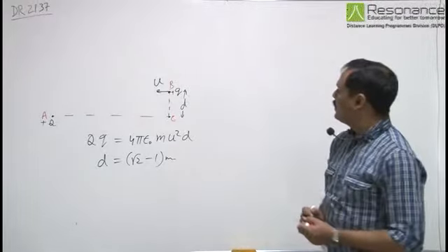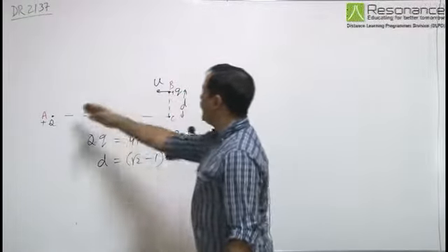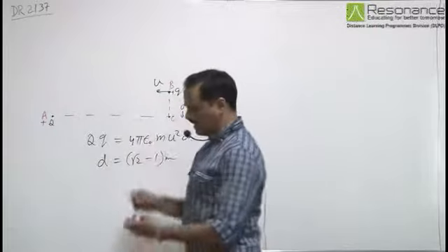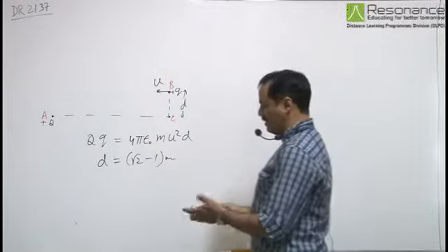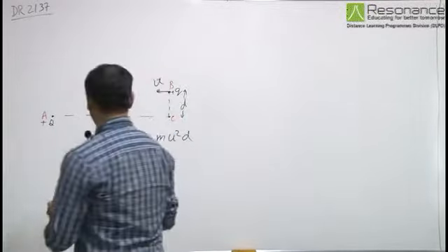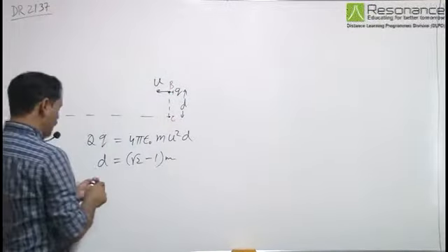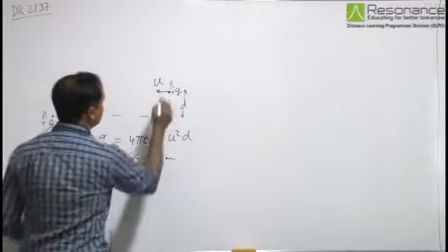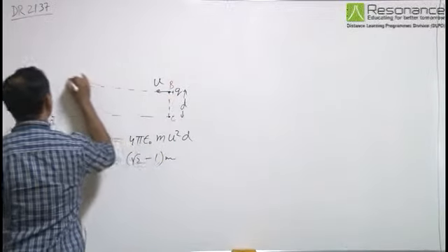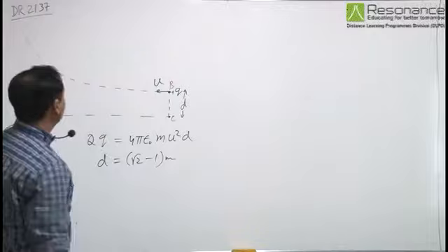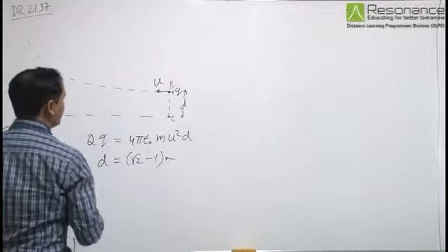Now, as this particle approaches, between these positive charges there is repulsion. So because of this repulsion, this small q charge will start moving away from this capital Q charge, and its trajectory will be like this. A parabolic path will be there.